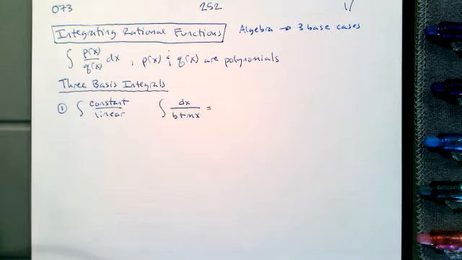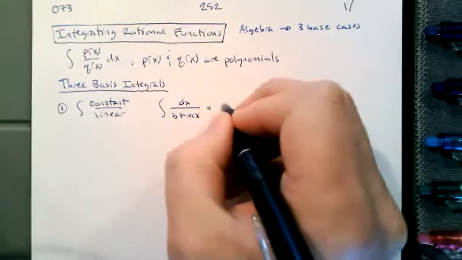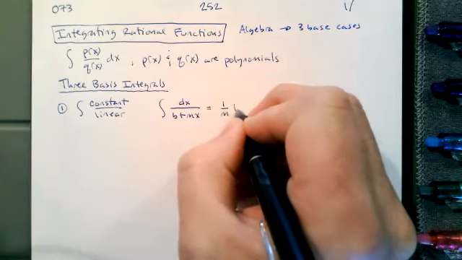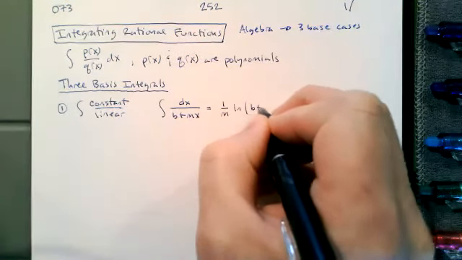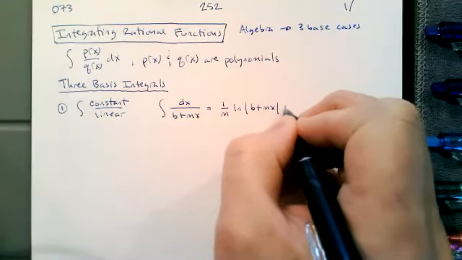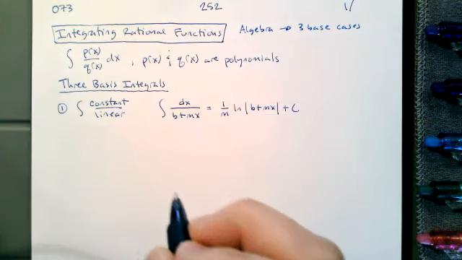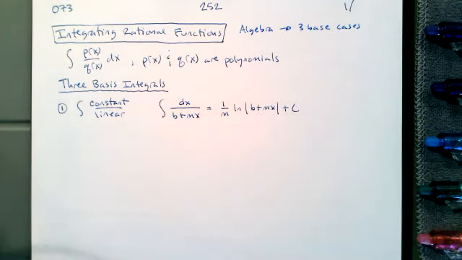So dw is m times dx, and so we just end up with a 1 over m natural log of the absolute value of b plus mx plus c. That's the first one, where we have a constant over a linear. This is the most straightforward. We did these. So as an example, we don't need an example. We'll do examples later.